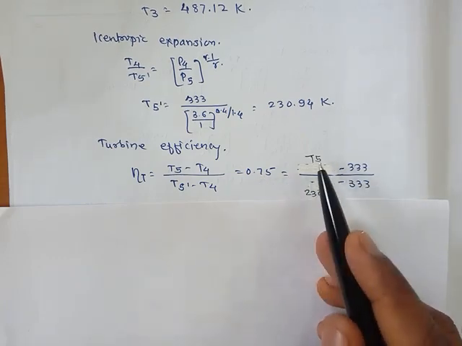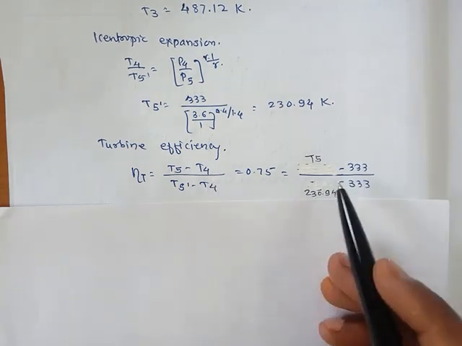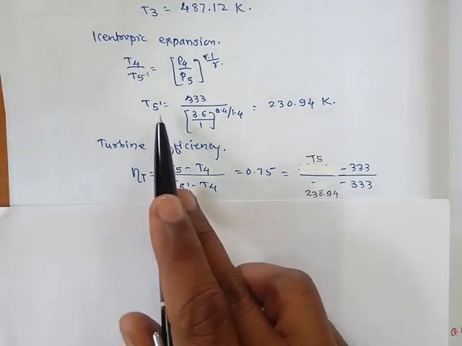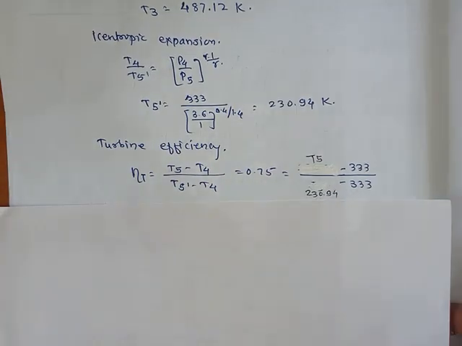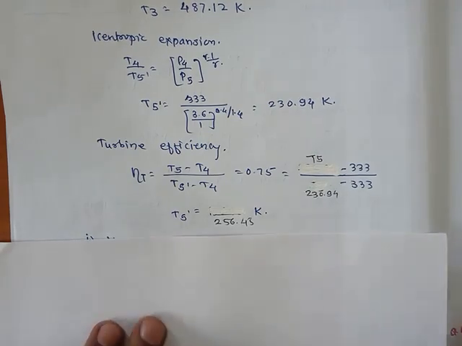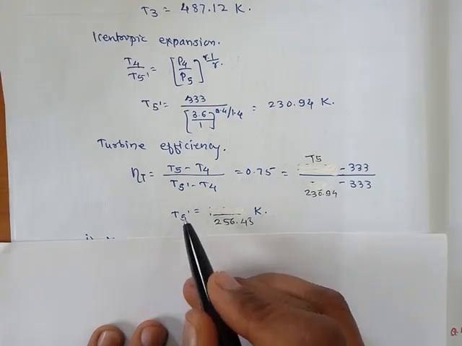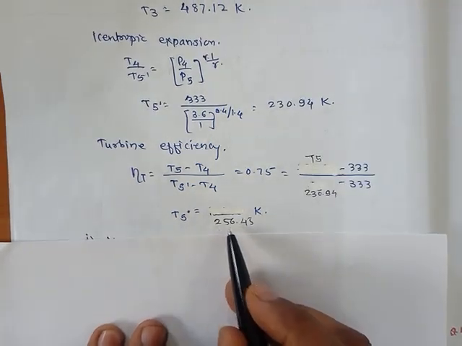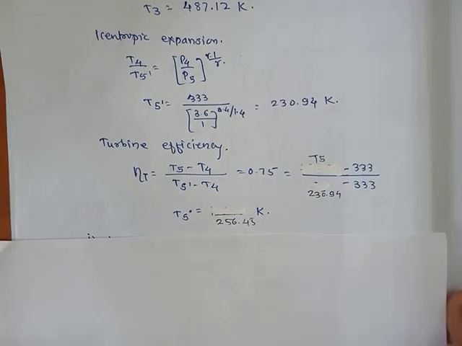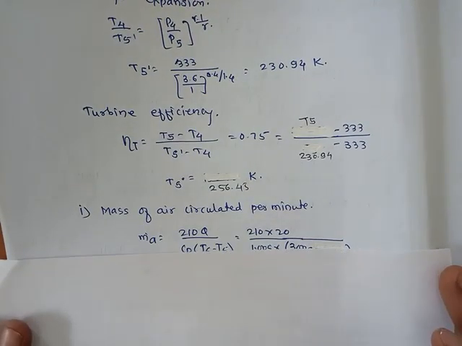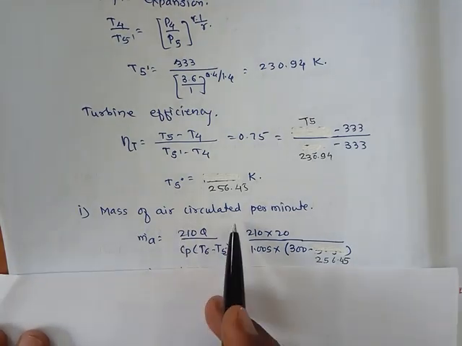After substituting values, we find the T5 temperature: T5 minus 333, which is the T4 temperature, divided by, we have already calculated T5 dash, 230.94 minus 333. After solving this, we get T5 equal to 256.43 Kelvin.